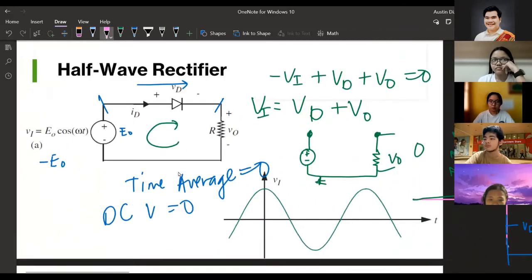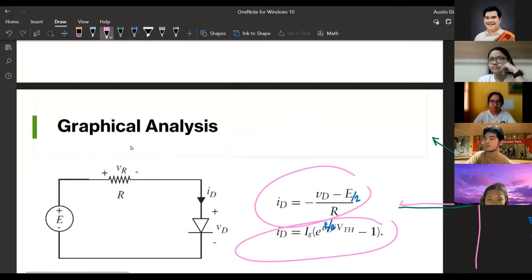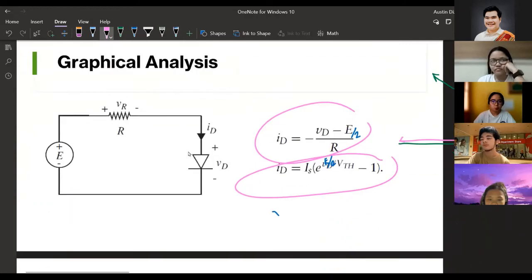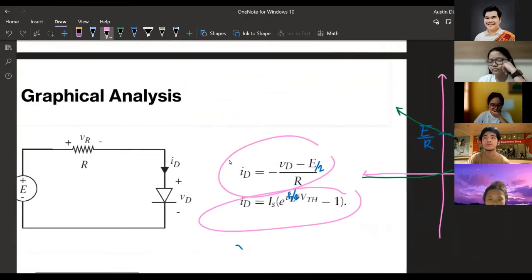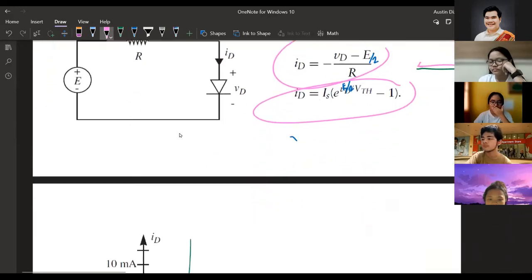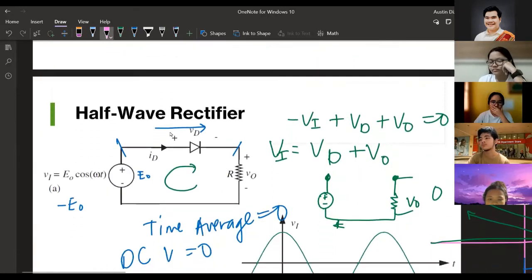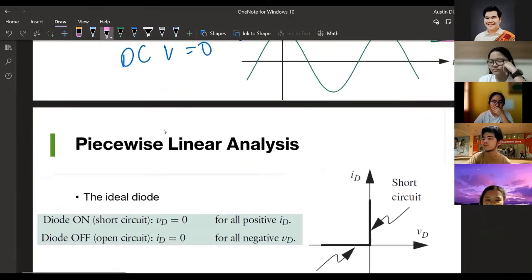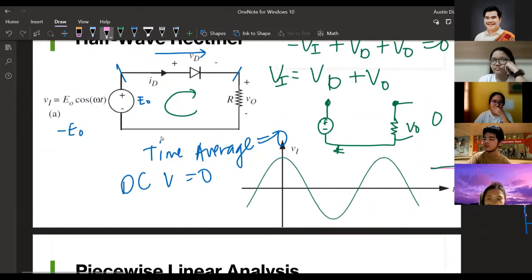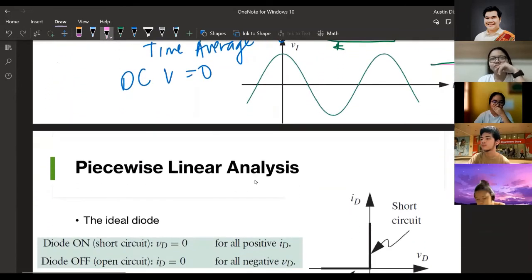Alright. Yung graphical analysis, it's somehow, parang focus-focus lang. Wala kang sinasolve. Tinitingnan mo lang yung effects ng circuit mo. Parang ang unsettling, nakaka-bother siya na gamitin for a solution. Okay? Now, what you can do is to proceed with another technique, which is piecewise linear analysis.